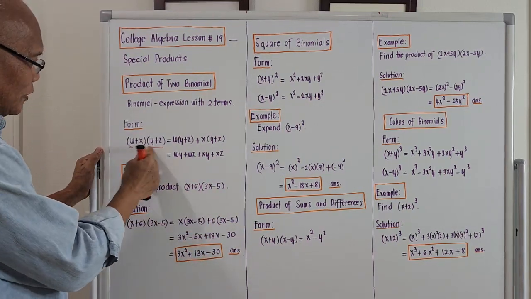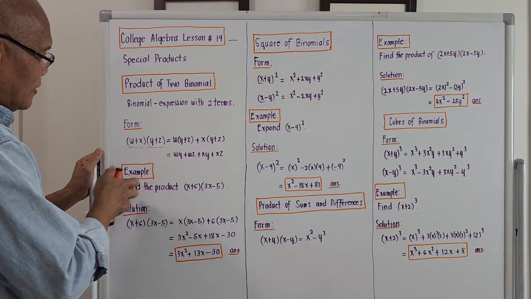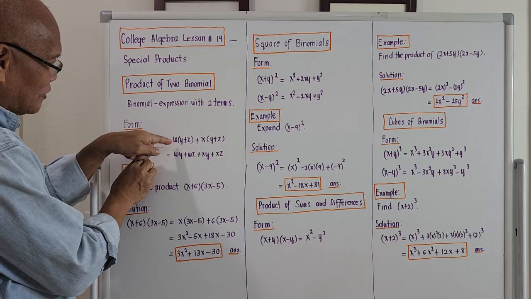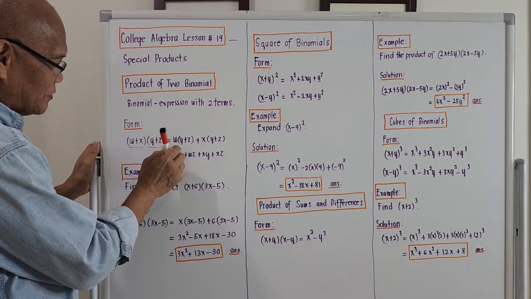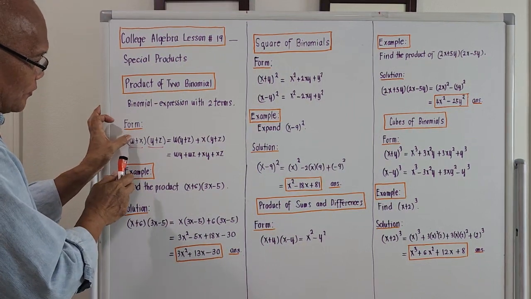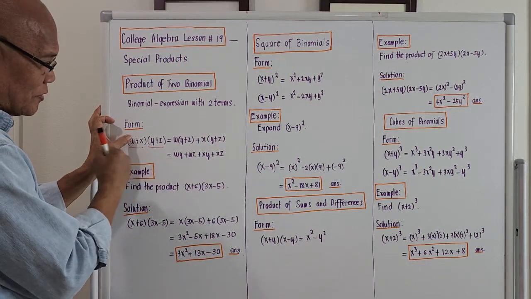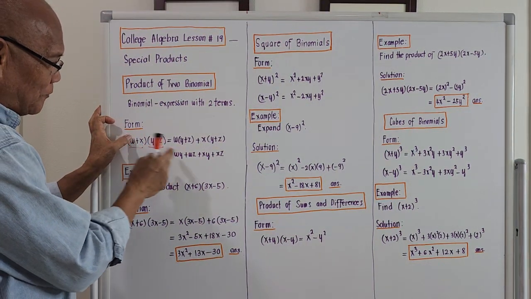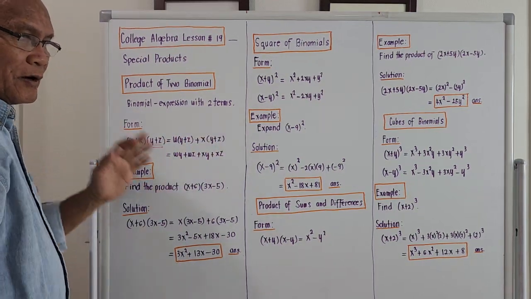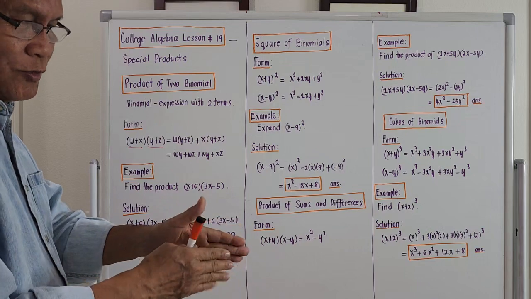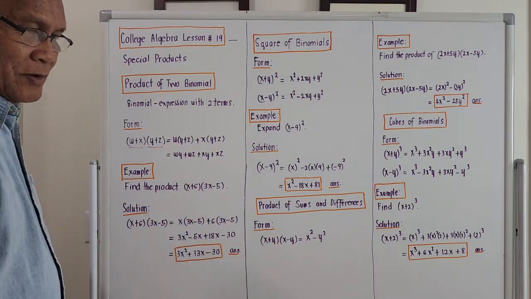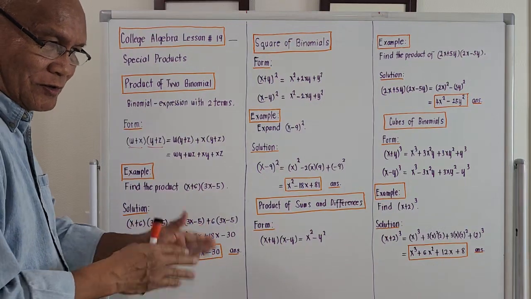So if we try to multiply this one, we will place W times the second binomial. We will take the first term of the first binomial multiplied by the second binomial again. That's the proper way how to multiply this one. So there's no big deal over here.